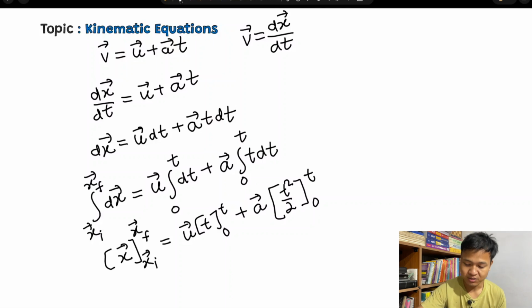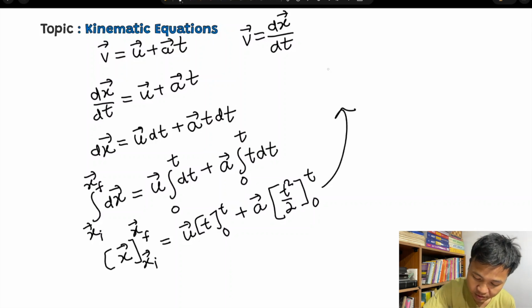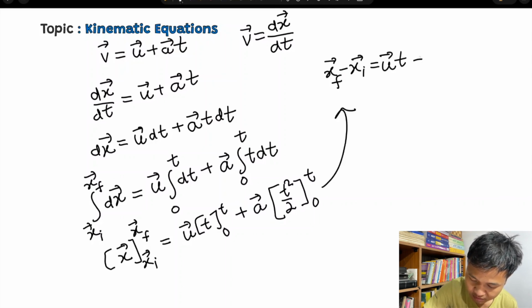Now you put the limits. So x final minus x initial equals ut + ½at².